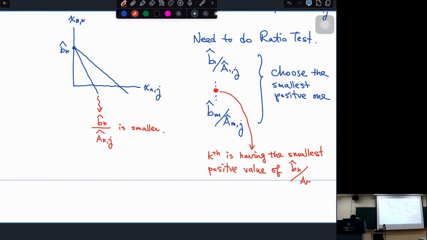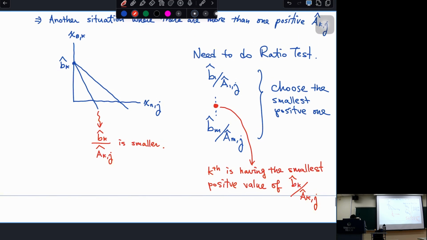Why do we do that? Why do we choose the smallest one? Because we only need one corresponding basic variable to reduce to 0. So 2 lines means there are 2 basic variables that can become 0.